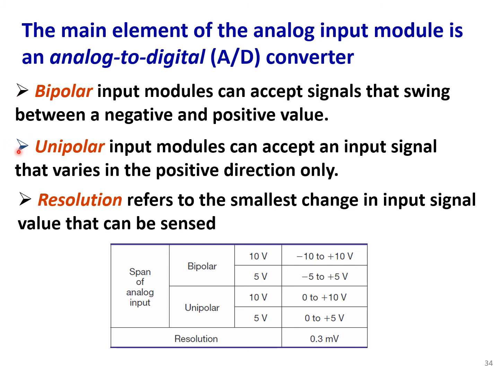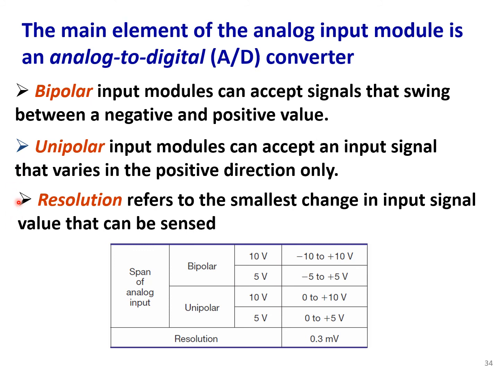Unipolar input modules can accept an input signal that varies in the positive direction only. So unipolar means one pole only. We are only in the positive numbers.